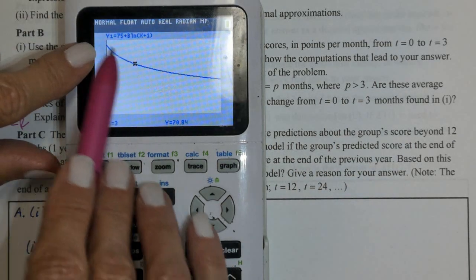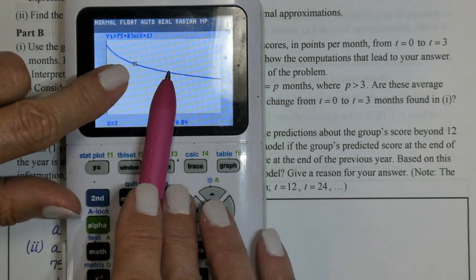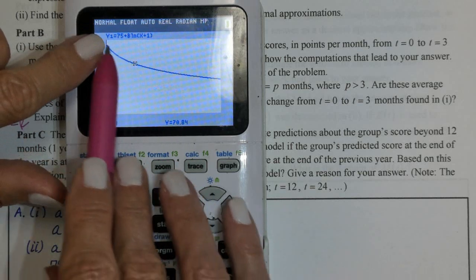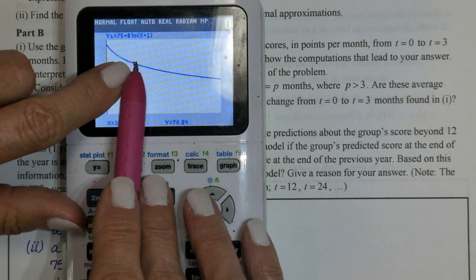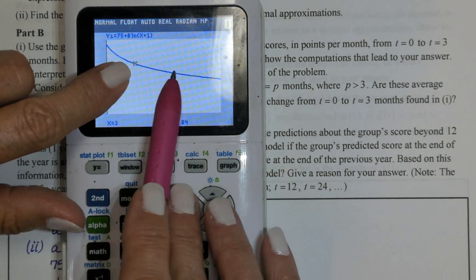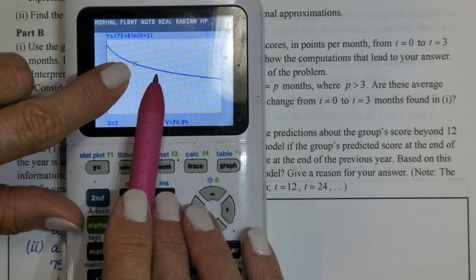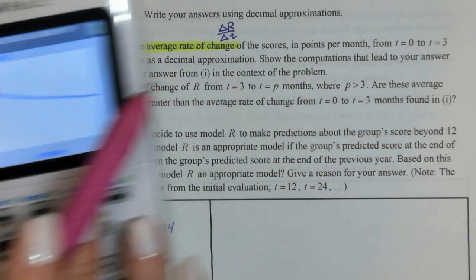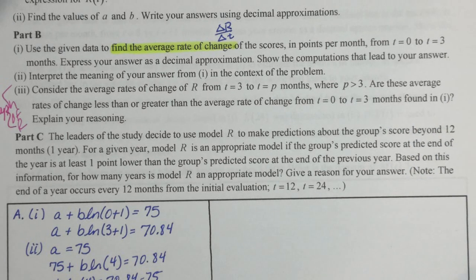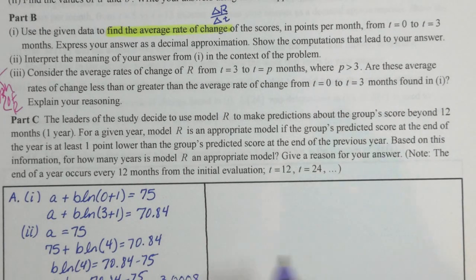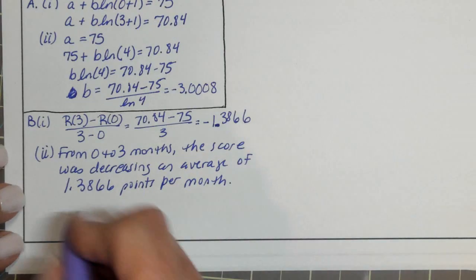This was a negative 3 point something. This will not be negative 3. It'll be bigger than negative 3. It's still going to be negative, but less steep, right? It's getting bigger.